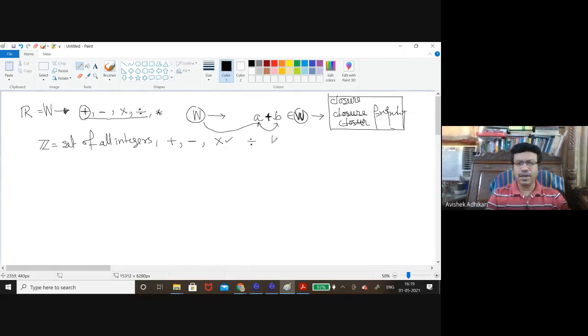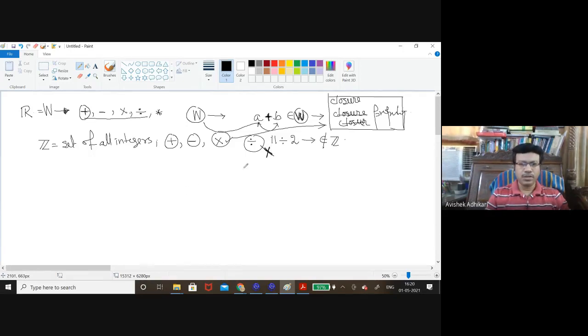For example, if I divide 11 by 2, then this answer will not be within Z. So you understand that with respect to this, the closure property is satisfied, but with respect to this, the closure property is not satisfied.